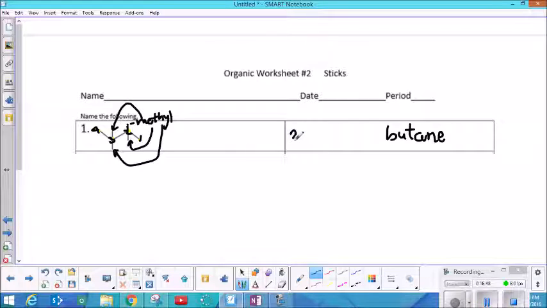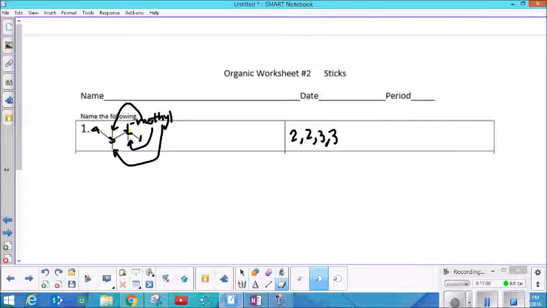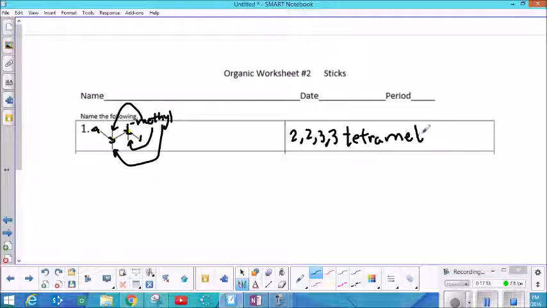They're at 2, 2, 3, and 3. And how many methyls do I have? 4. So we say tetra, T-E-T-R-A, tetramethyl, because I'm counting the methyls, not counting carbons, so I don't use the carbon prefixes. So it is 2, 2, 3, 3, tetramethyl, and then my last name was butane.